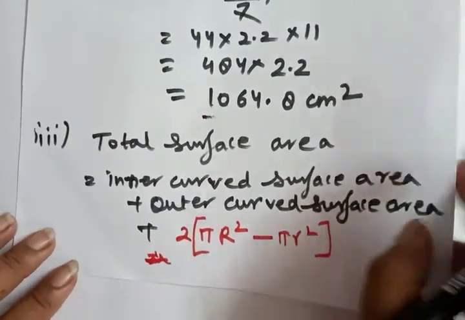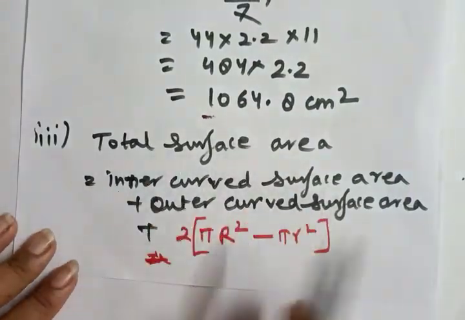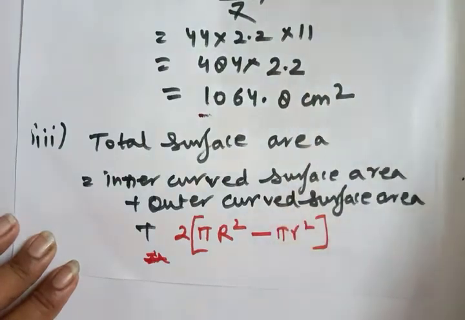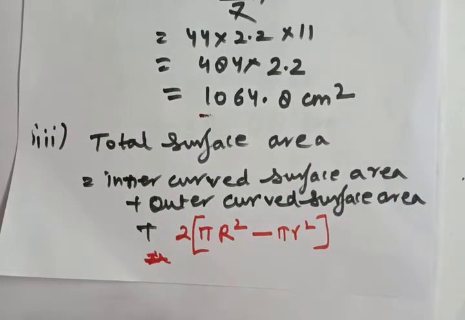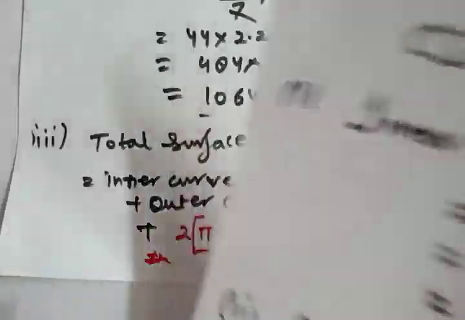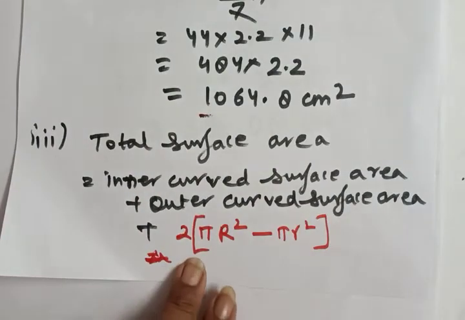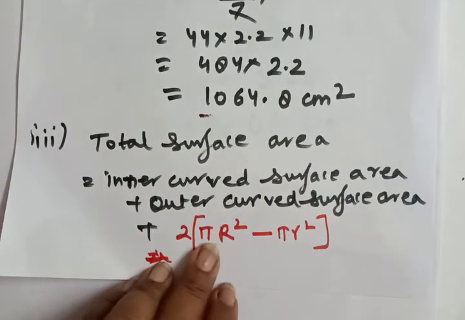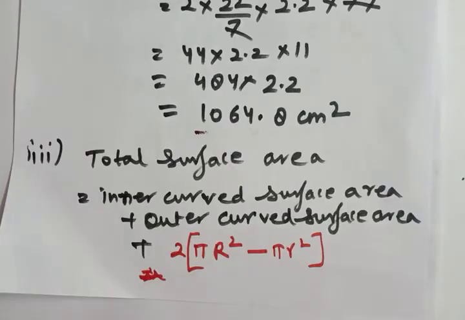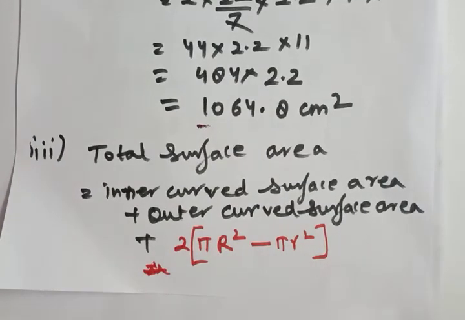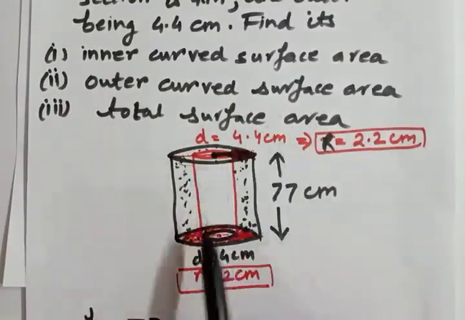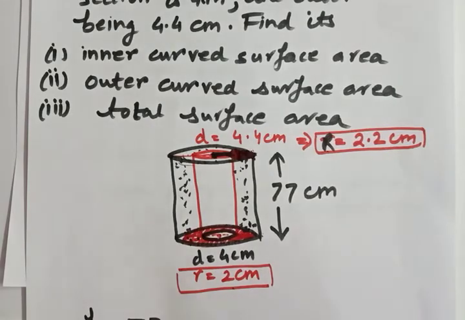The most important thing to remember is how you find the total surface area: the 2 pi R square minus pi r square part, because the upper surface as well as the bottom surface are of circular shape.